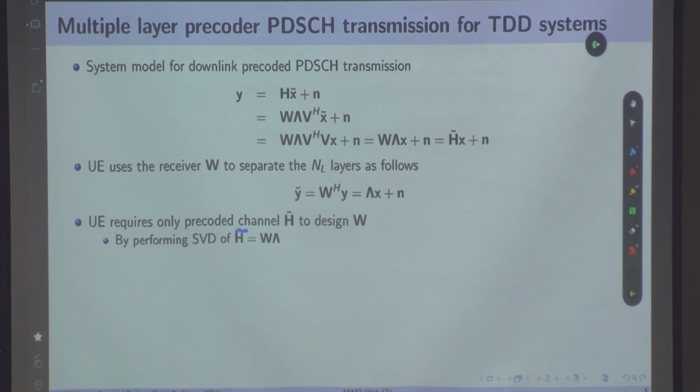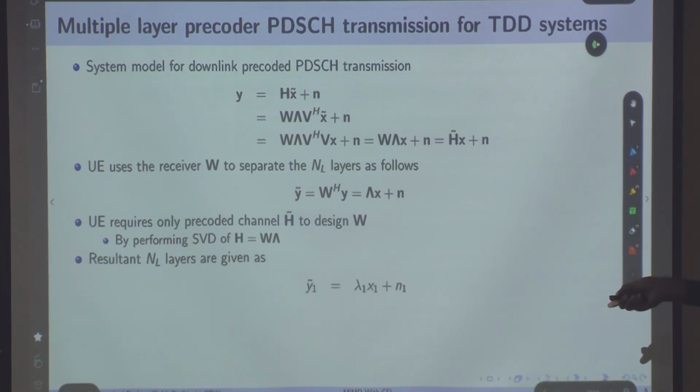No information about the actual uncompressed channel, no information about the precoder is required for the UE to decouple its stream or to recover its data, right? So now these resultant NL layers are given as Y1 tilde equals lambda 1 x1 plus n1, and so on; these are NL streams.